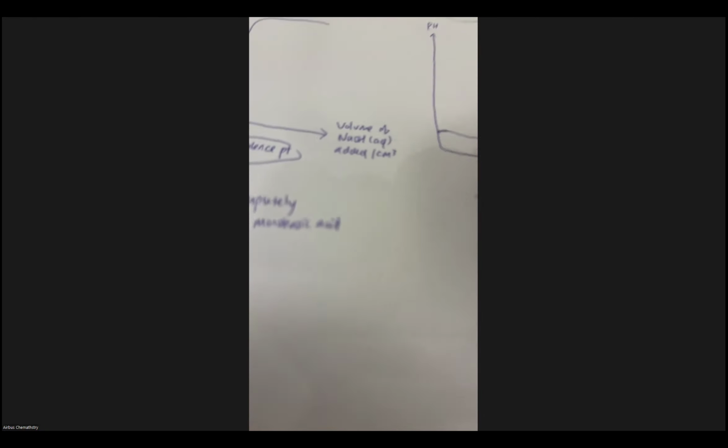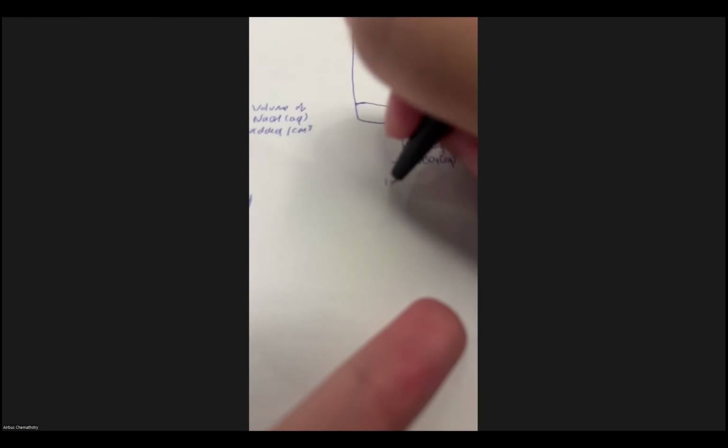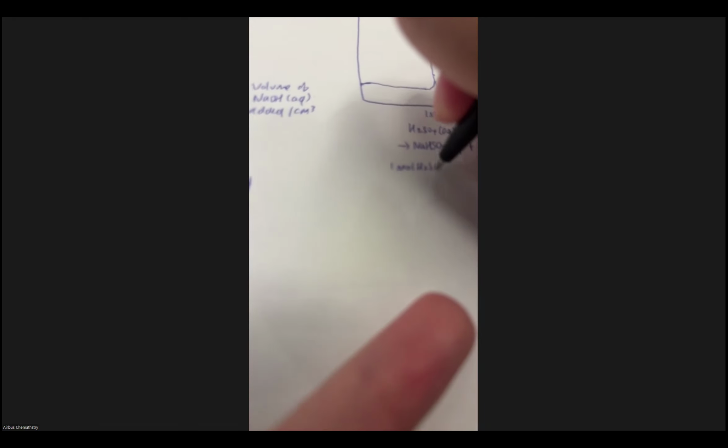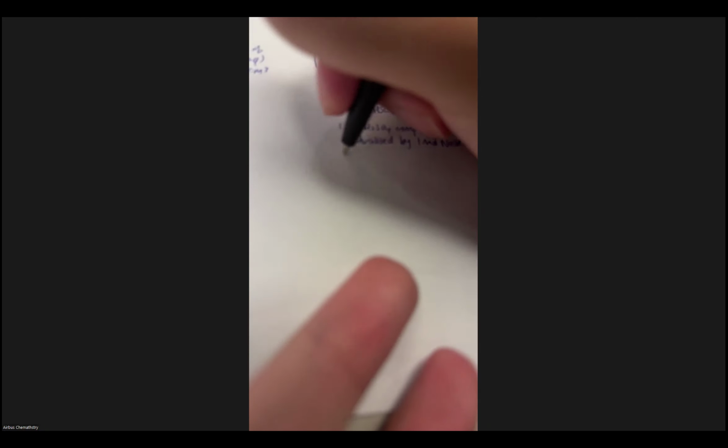So 1 mole of H2SO4 is completely neutralized by 1 mole of NaOH, and the salt is NaHSO4.